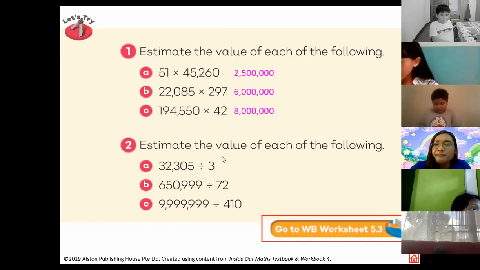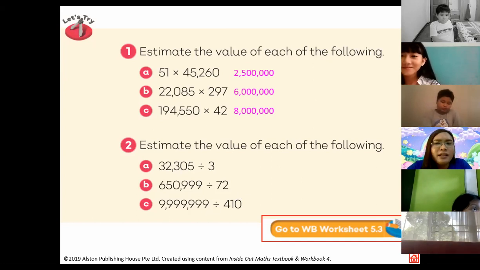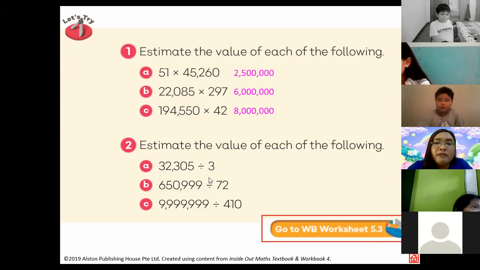No. For letter A, round. 30,000? No. Round this number first, to the nearest 10,000.